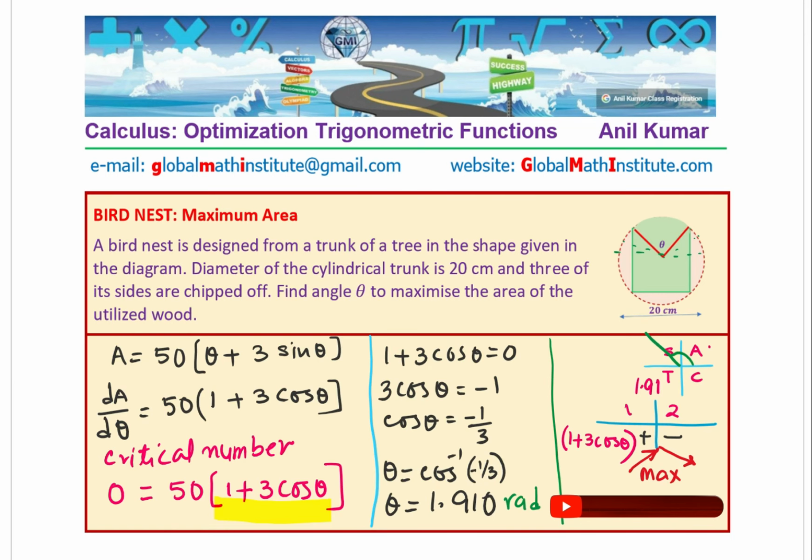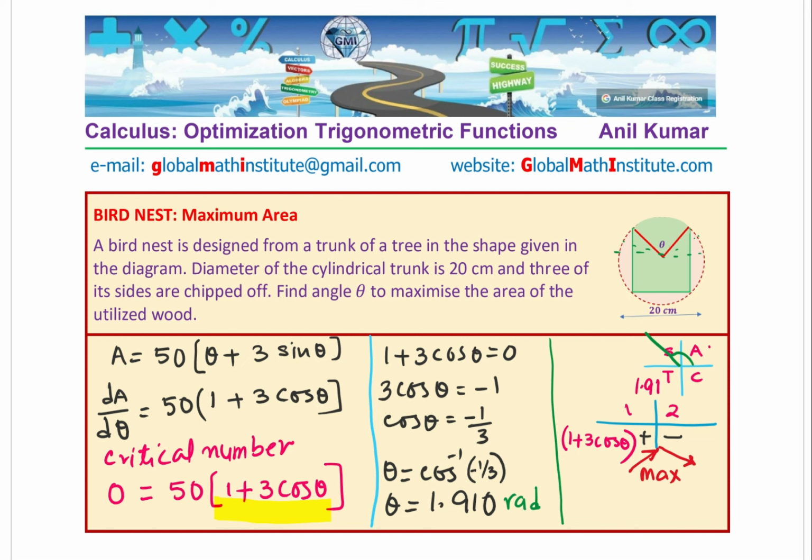Or in the previous case, if the angle required is in degrees, sometimes they do want it, right? You could also use shift. You change your mode to degrees first. And then you can do shift cos inverse of minus 1 divided by 3.